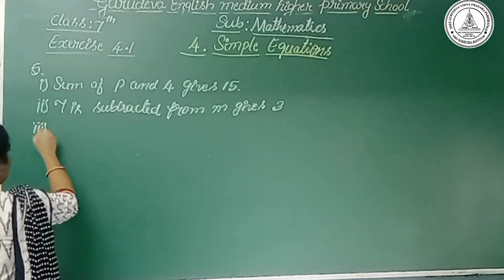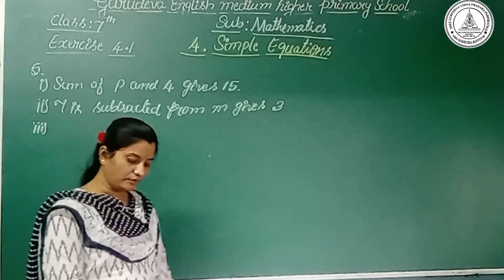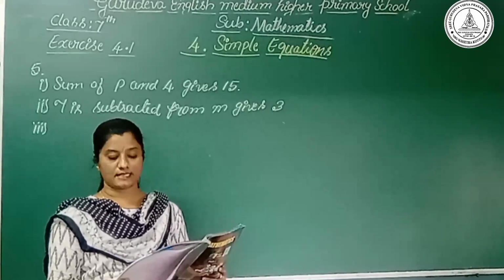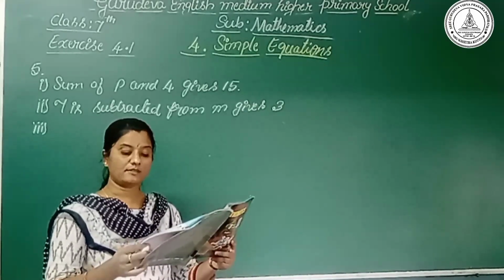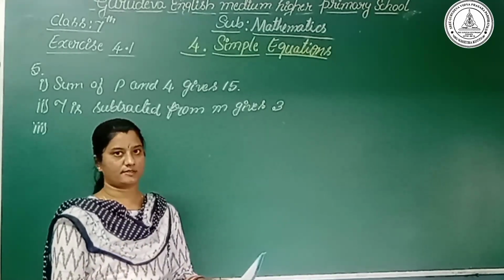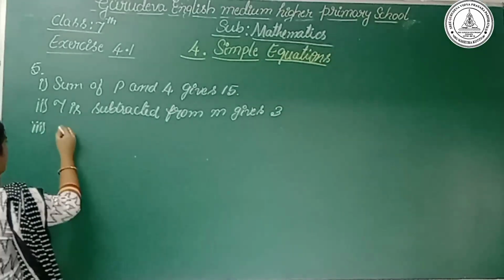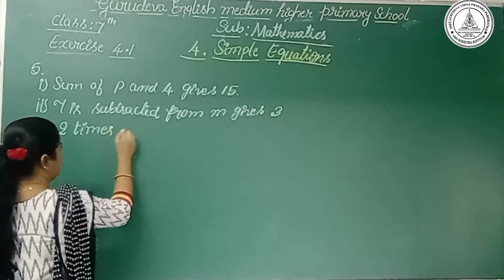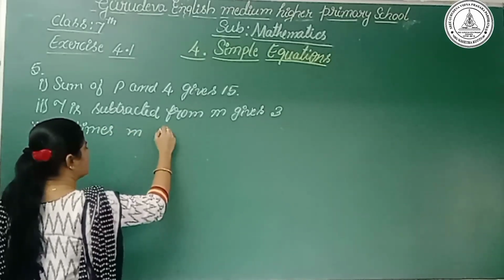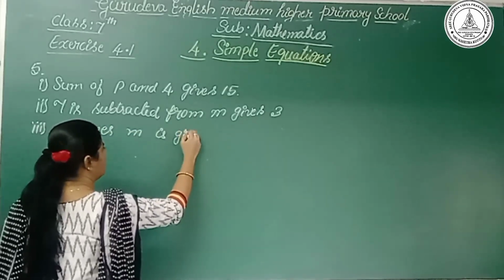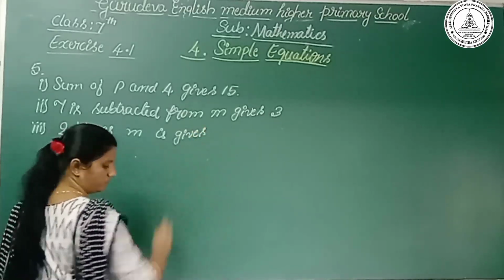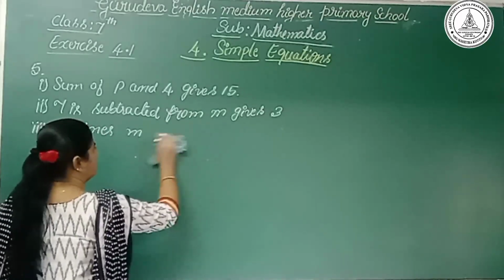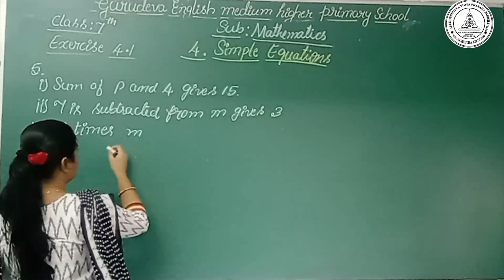Then the third equation, 2m is equal to 7. 2 into m means 2 times m gives 7. Okay, then write down: 2 times m gives 7.